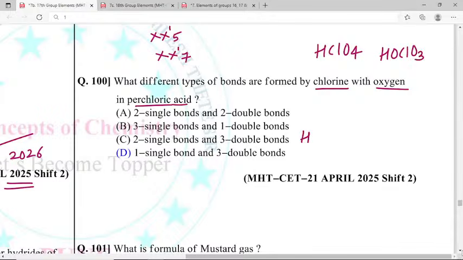So this is HO, Cl, with double bond O, double bond O, double bond O. So how many? Chlorine with oxygen in perchloric acid has one single bond and 3 double bonds. Please check, it is correct.